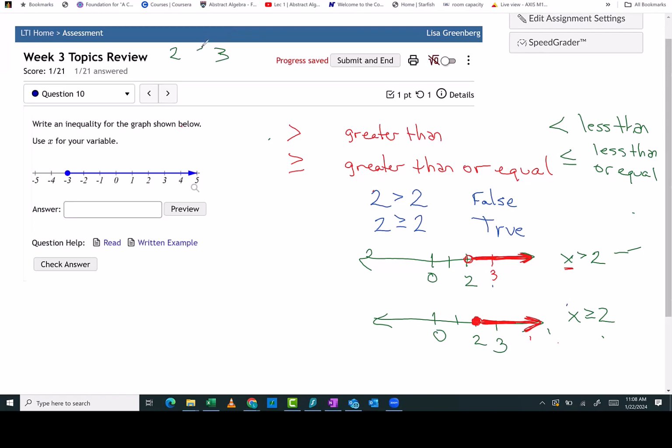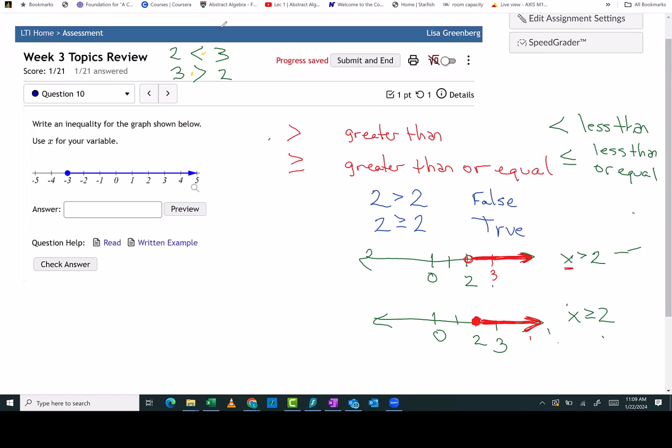I put the smaller end of my inequality sign toward the 2 and the bigger end toward the 3. If I change it, I have to turn this around. The open side is very big, and the other side comes to a point, so it's small. That's how I remember which way I'm going.